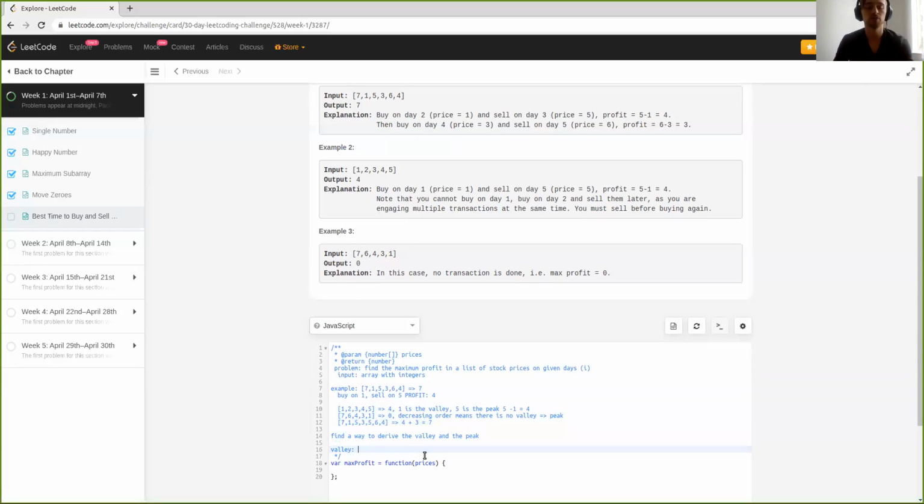So if an element is less than the next element, it is the current valley.